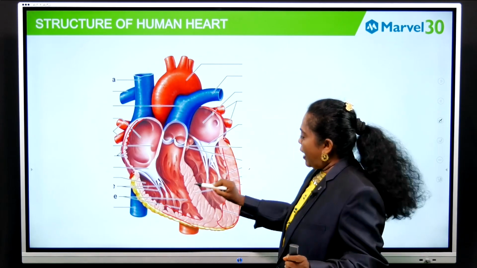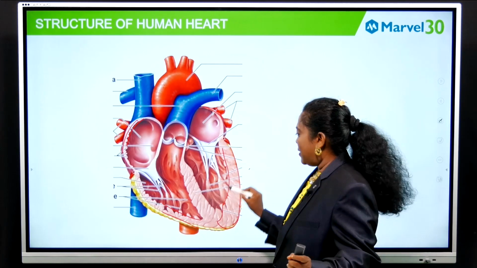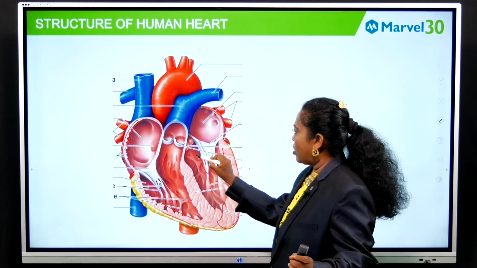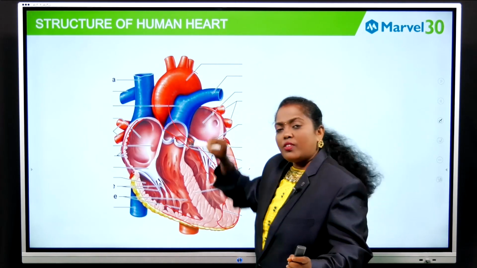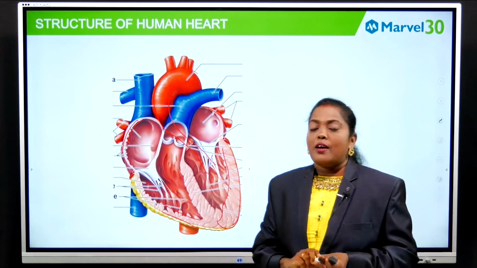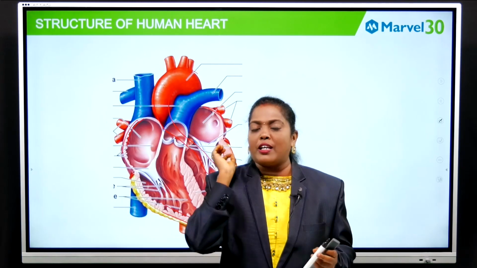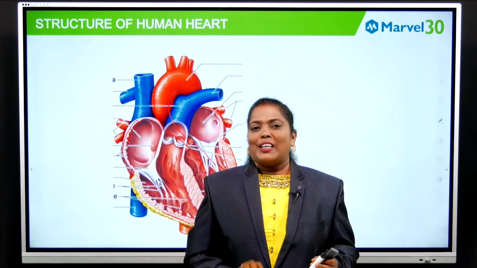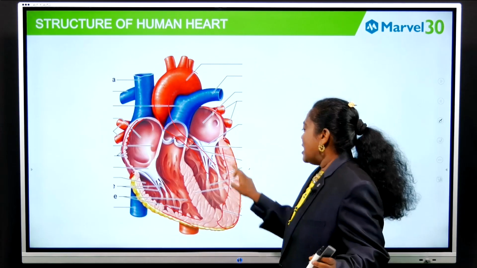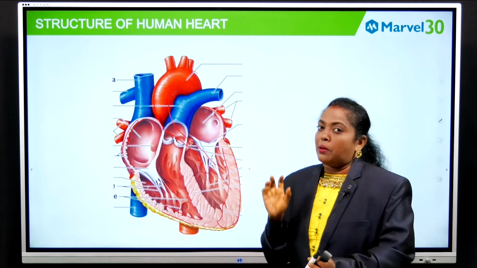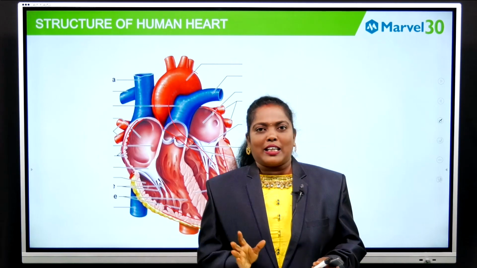From here it is just going to the lungs, but from this part our aorta will arise. This aorta will supply the blood to the entire part of our body. That's why the muscles present in the left ventricle are comparatively thicker. Okay, is it clear, students?